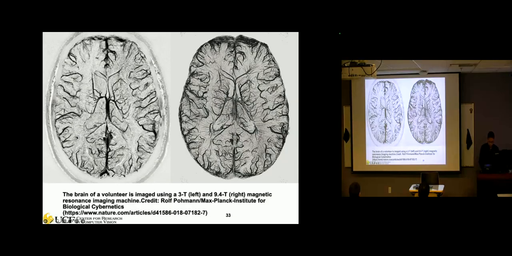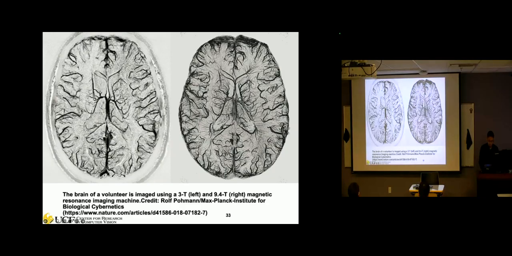Okay, so here is an image comparison, right? As I mentioned, the strength of the magnetic field has an effect on the image resolution. On the left side, this is an image using a 3 Tesla MRI scanner.